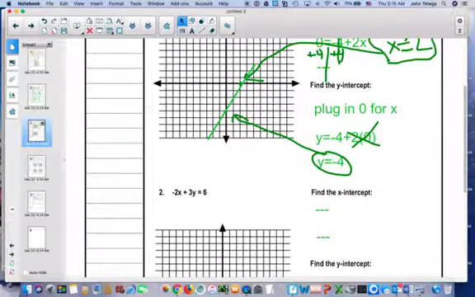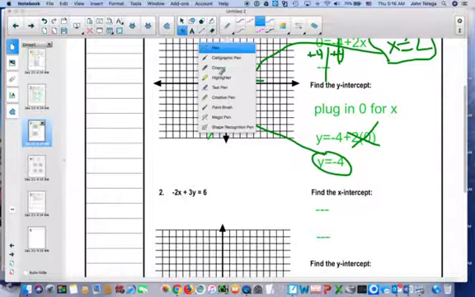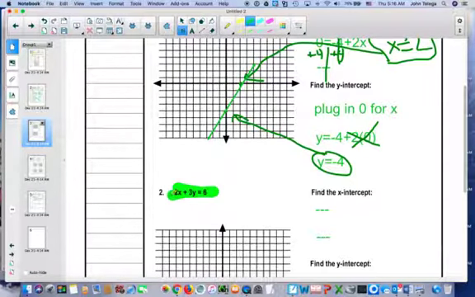Now let's do another one. So we got 2x plus 3y equals 6. This is the one we're doing right here. So we're going to start by plugging in 0 for the y.